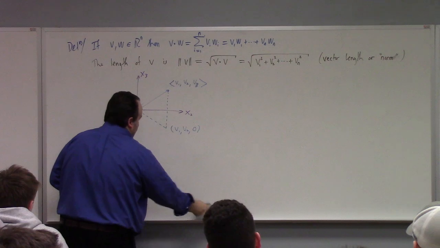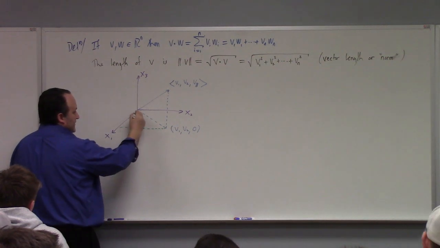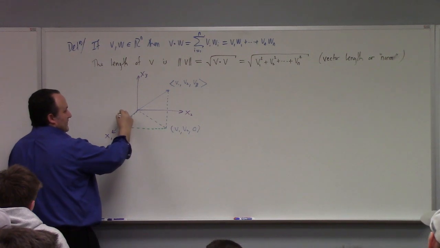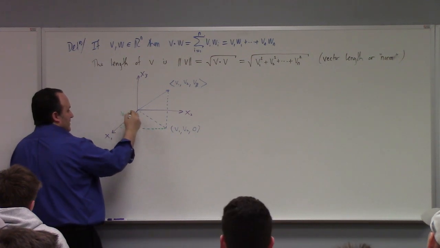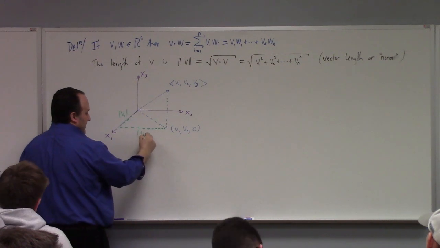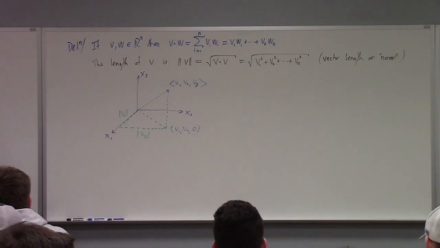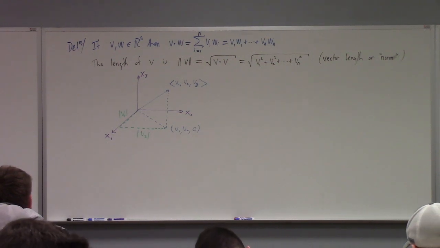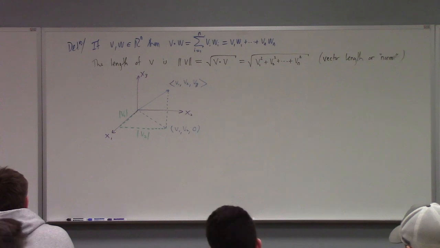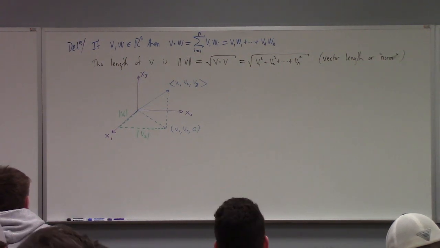And if you look at that, you can see that there's a little triangle here, right? This triangle. And here we've got V1, and here we've got V2. Now, to be fair, I should probably put absolute value there and there, because my picture is just schematic. These could be in the negative cases. So if the components are negative, the length of the component is the absolute value, right?